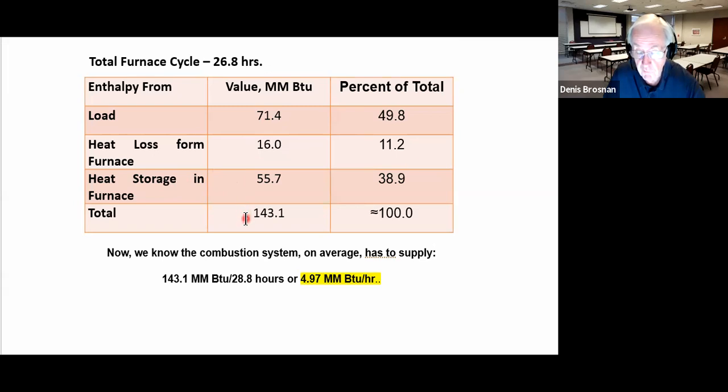So we've used 143.1 million BTUs of enthalpy in this furnacing operation. So it's pretty easy for you to take this 143.1 million BTUs and divide it by the furnace time of 28.8 hours, meaning that you've got to be able to release about 5 million BTUs per hour in order to accomplish this process in that period of time.